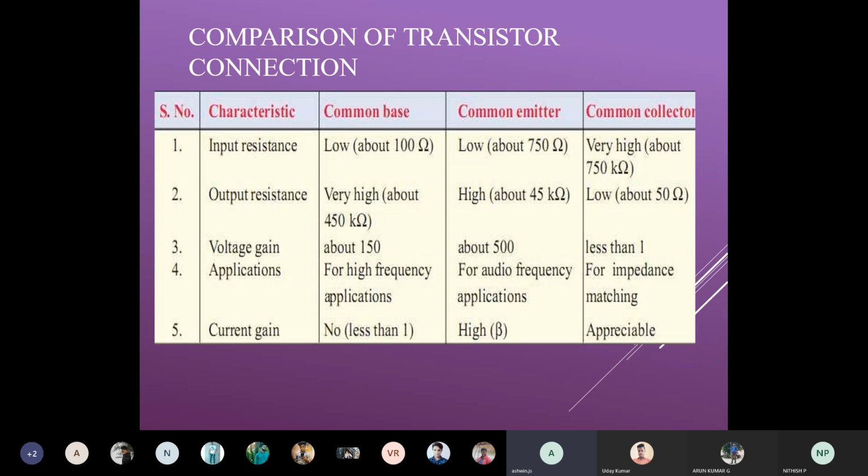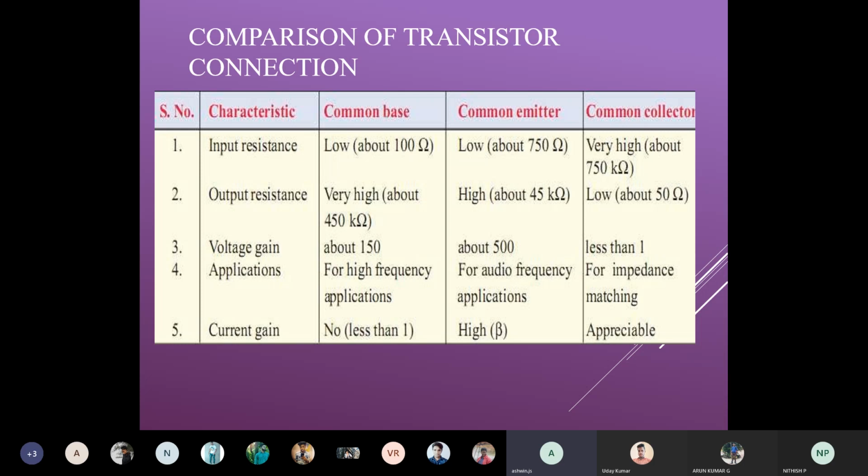So the gain is 500 by 1 is equal to 500. So gain is 500, very high. And if you go for the common collector, it is not less than 1, and it is not more than the common emitter. It will be available between the common emitter and common base, so it is appreciable.